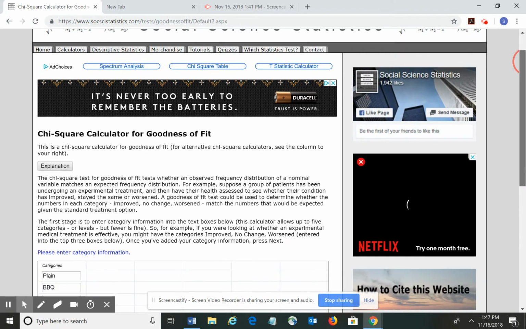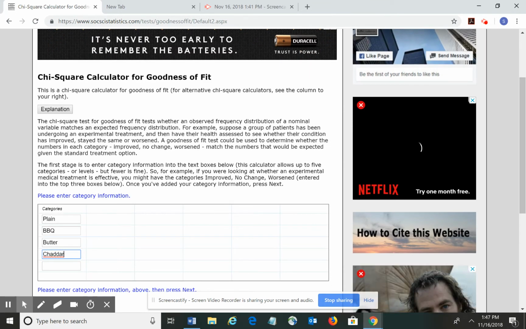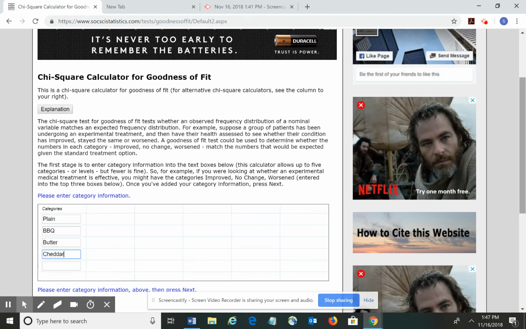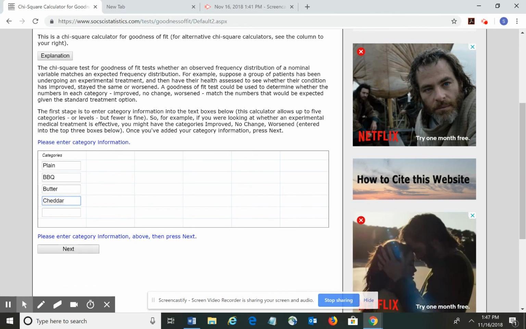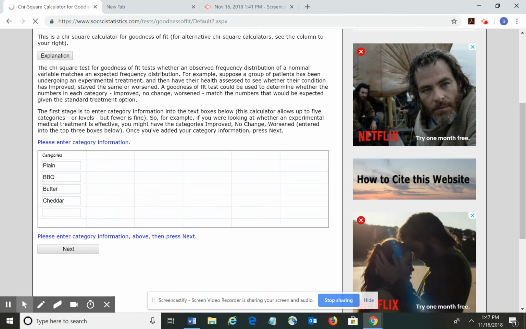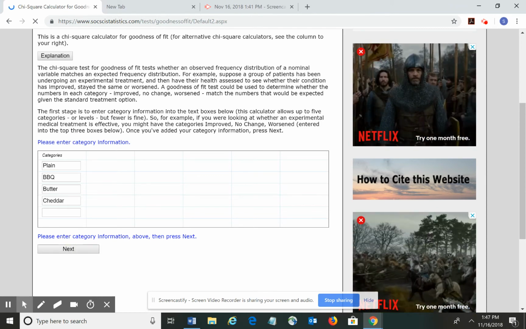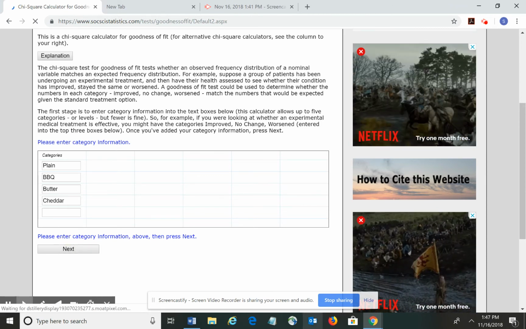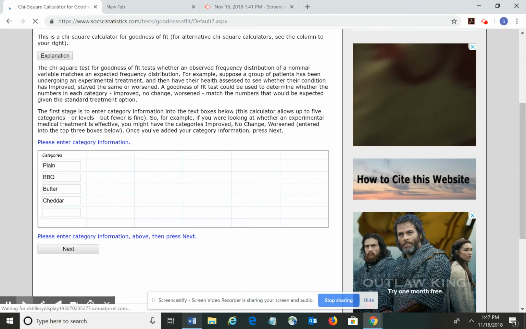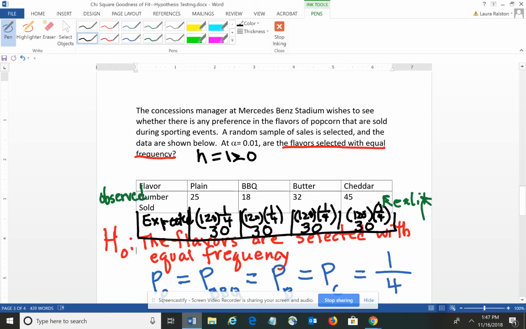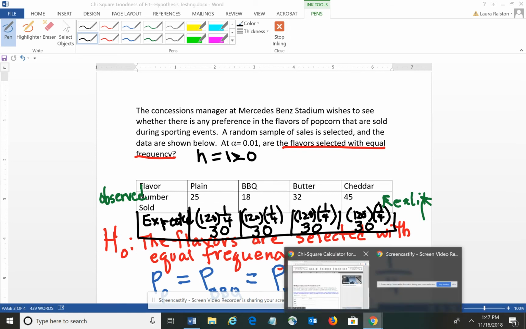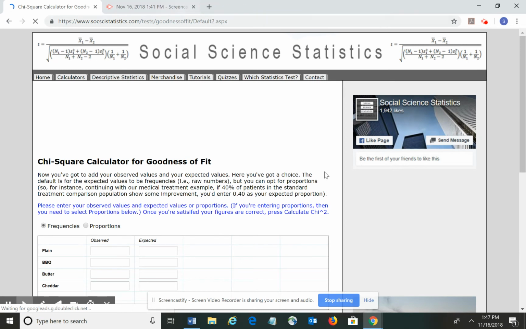So we've entered the category information. Once you've entered those categories, we click on next, and then you're going to enter the number sold or the observed for each category, and then the expected.